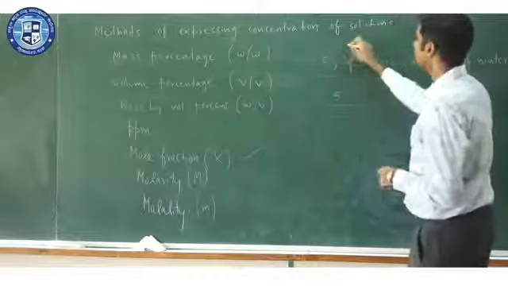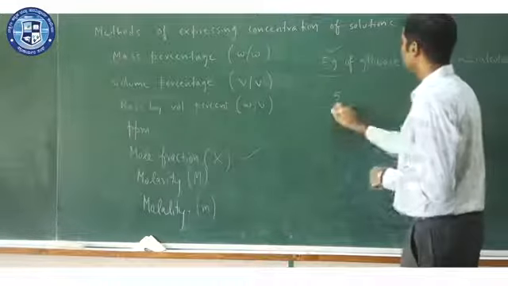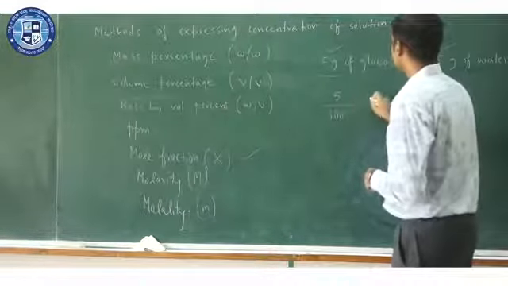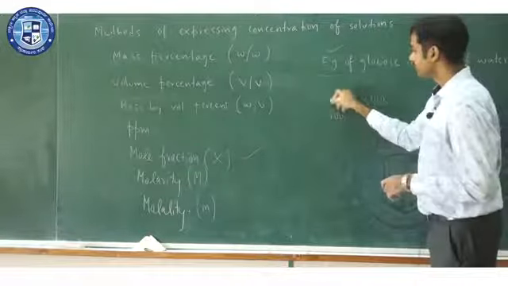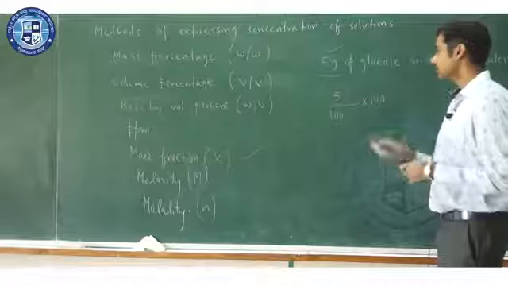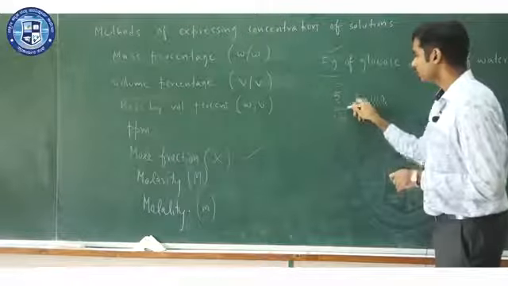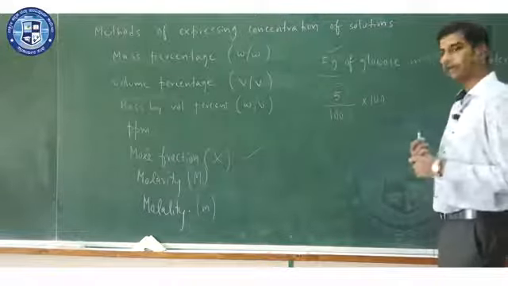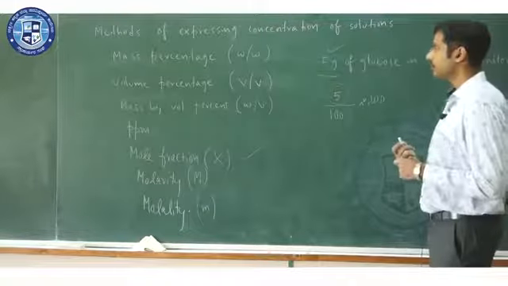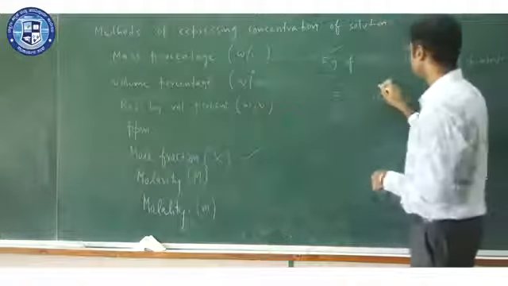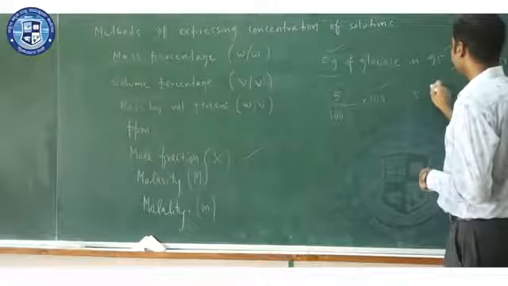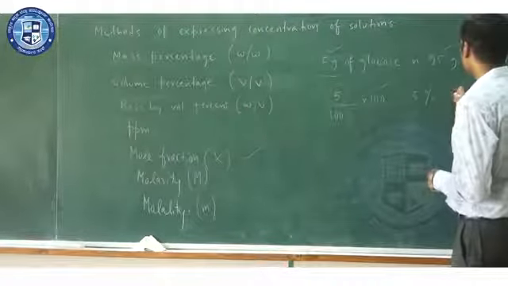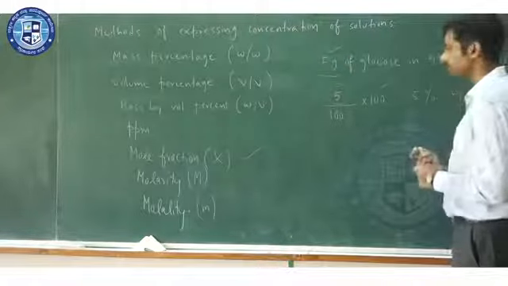I find that the total mass is 5 plus 95, which is 100, and I multiply this by 100. So solute is expressed in grams, the solution also is expressed in grams, and hence you have mass percentage. Out of 100 we count this, and you will get a 5% solution of glucose by mass.